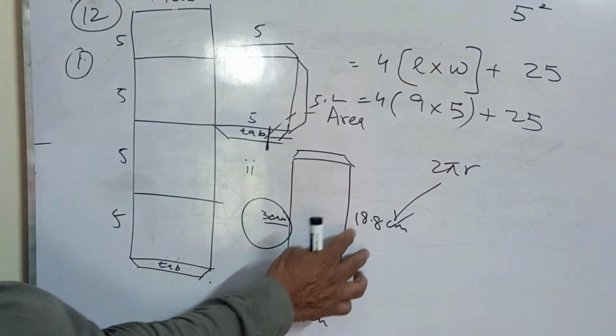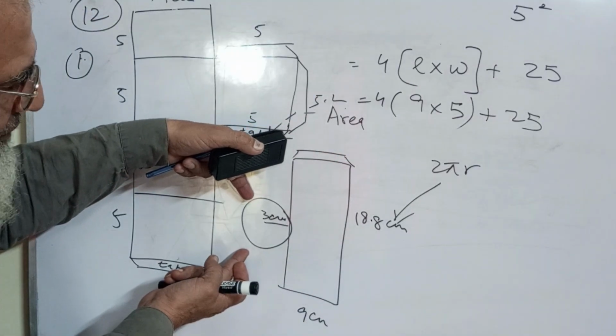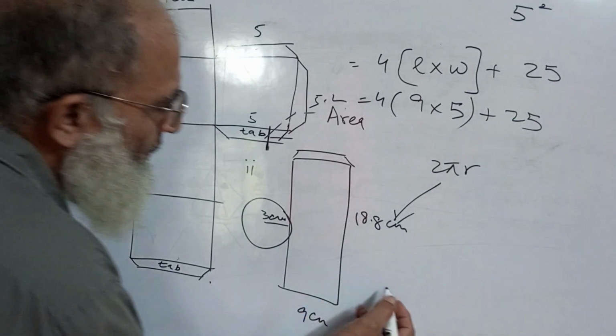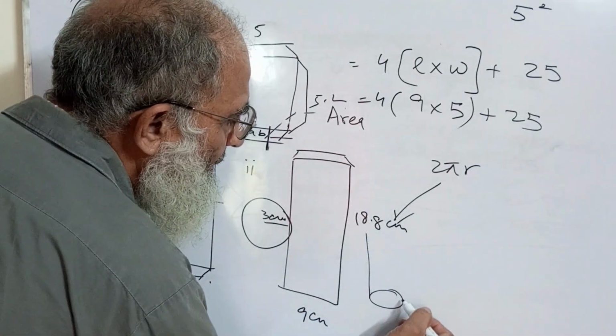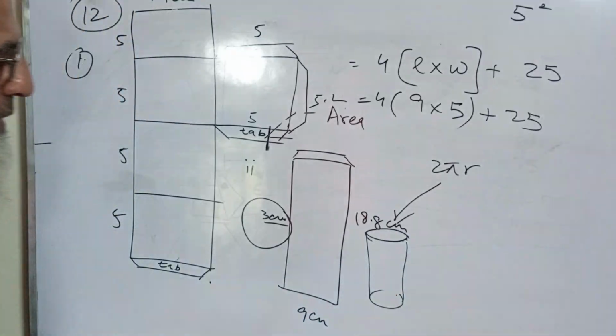Yes, it is 18.8. This is correct. This length is the circumference of the circle. So what will we have? We will have this sort of cylinder.